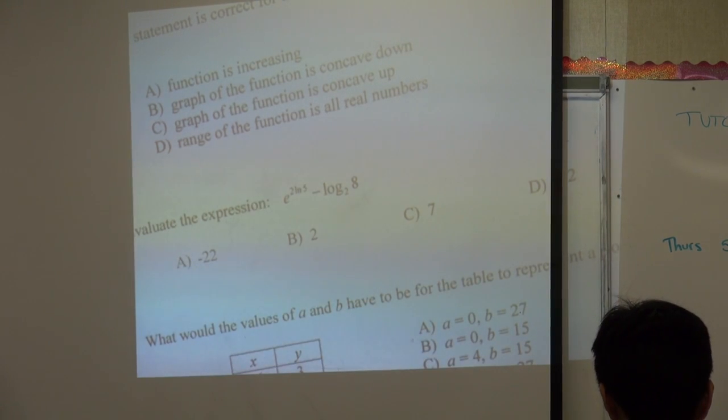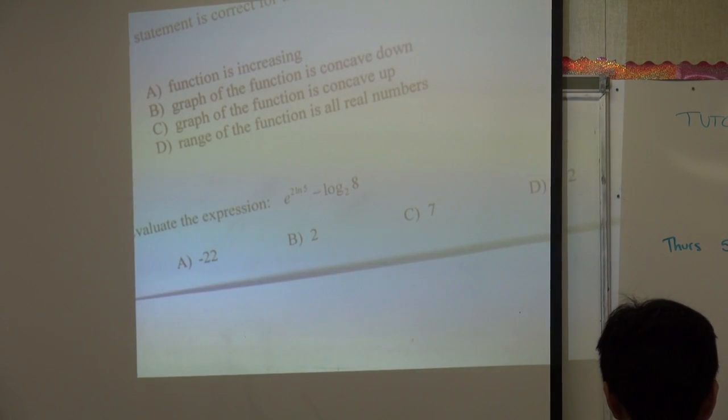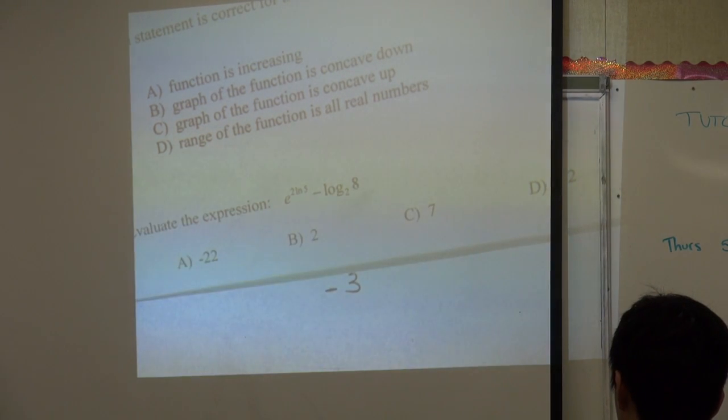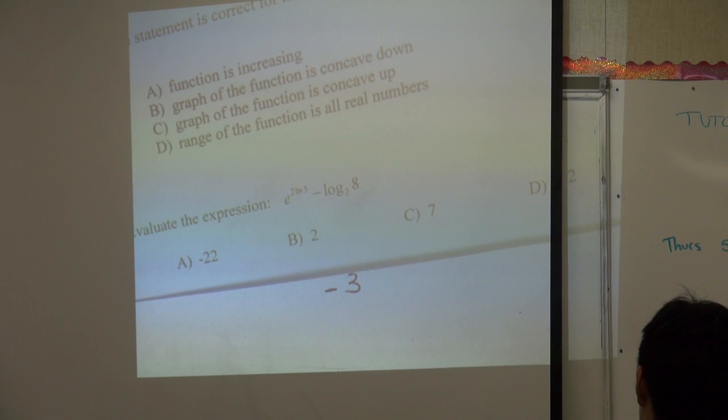Question number 11, only 42% of you got right. It reads e to the 2 natural log of 5 minus log base 2 of 8. It should not be hard for you to know that log base 2 of 8 is 3. Does everybody know that? Yeah. Okay.